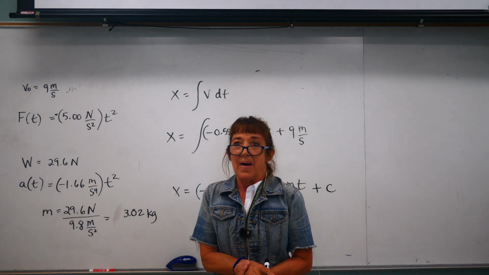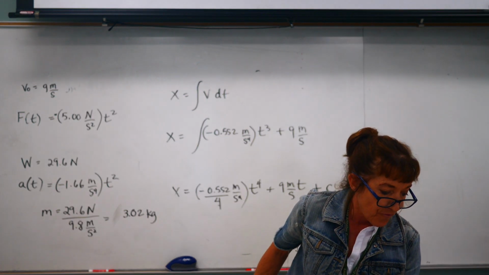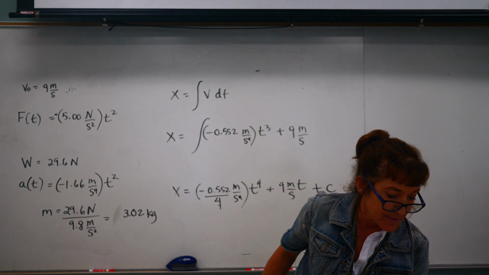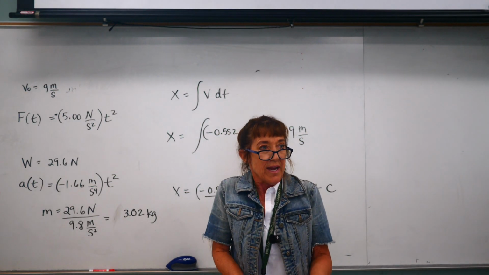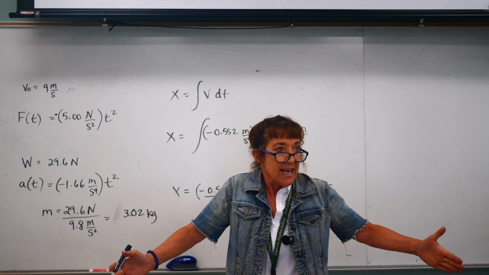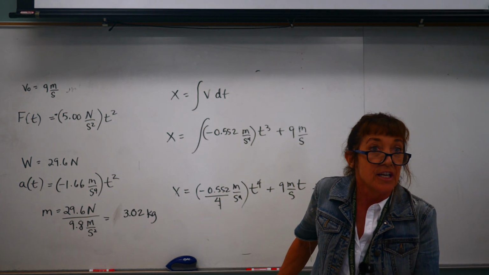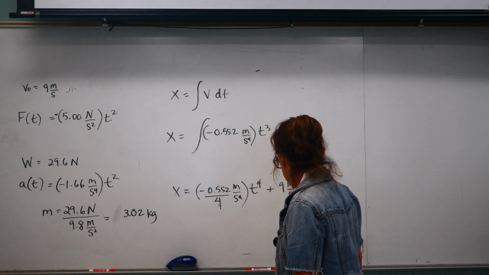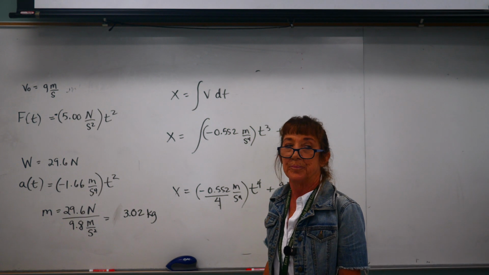Okay. My initial conditions for c, the problem is how far does the box move from its position at t equals 0, right? How far does the box move? It just wants a distance. It doesn't say we started at x equals 5, right? So we can call that the initial condition, we could call it 0, right?